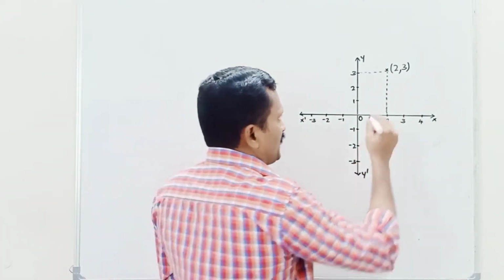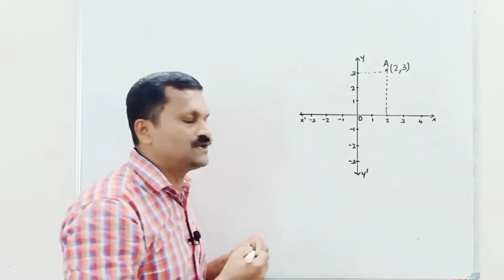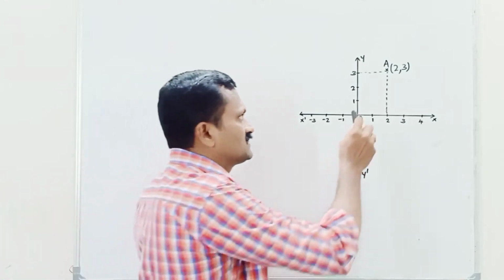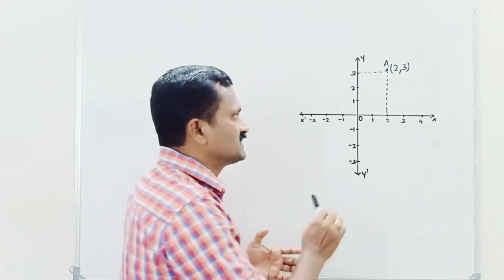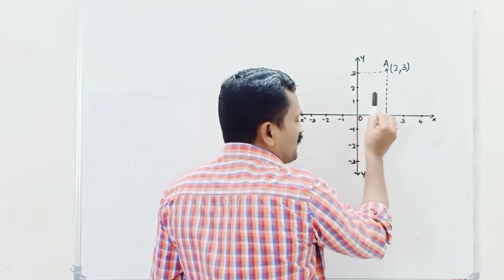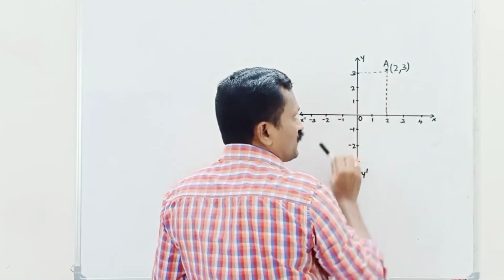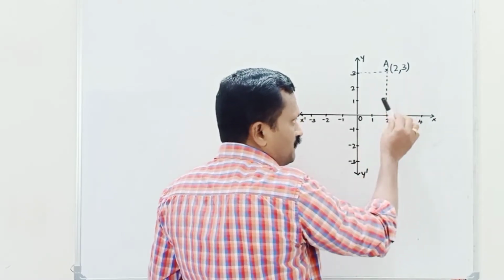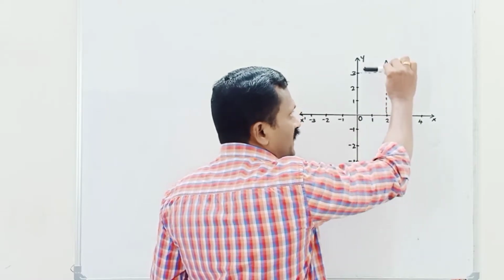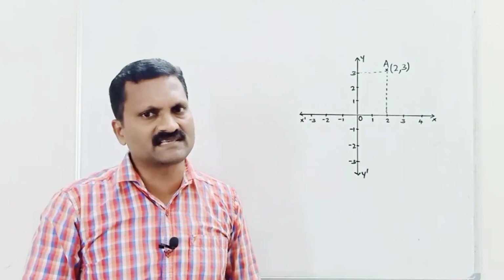So the point A is represented by (2, 3). Read it as the ordered pair (2, 3). The ordered pair (2, 3) means the point is 2 units away from the y-axis, and the y-coordinate, the second number, is 3, which means it is 3 units above the x-axis.